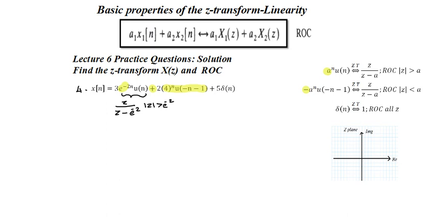If it is in the minus form, I can write Z by Z minus 4. There is no minus sign, so I need to put a minus here. And it is an anti-causal signal, so modulus of Z less than 4. And this is the transform of this particular portion.